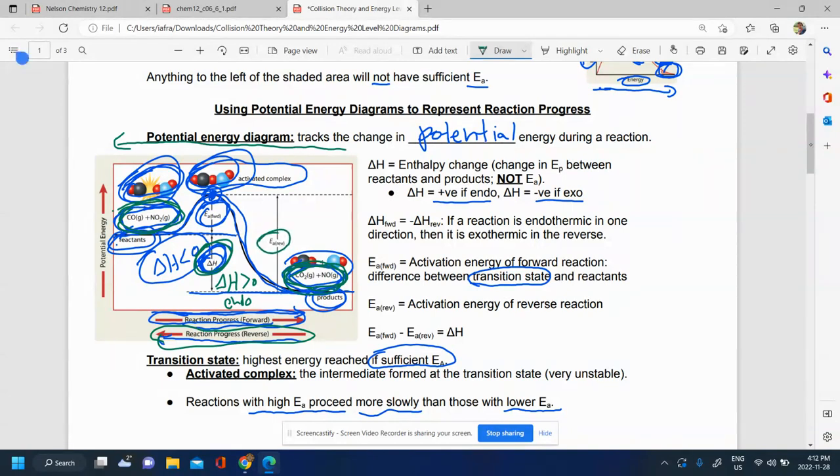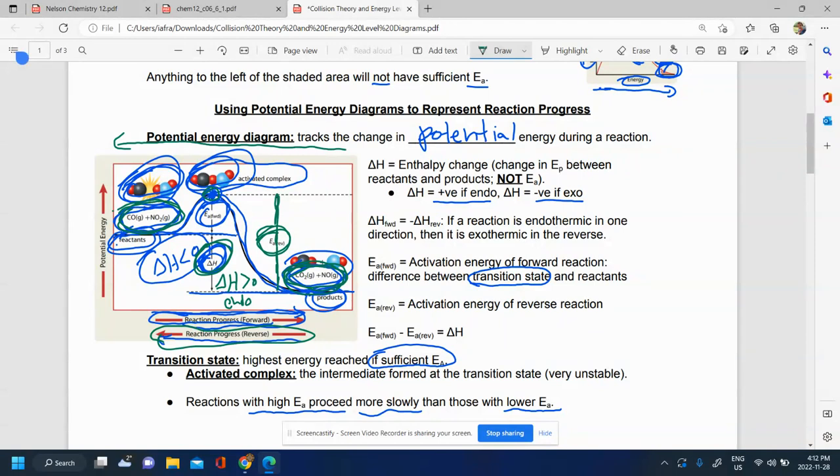There is a higher activation energy barrier in this situation when I'm going the other way around. So the EA for the reverse reaction, you'll notice, is from the products all the way up to the activation energy, to the transition state point. So this is the EA over here for the reverse reaction.